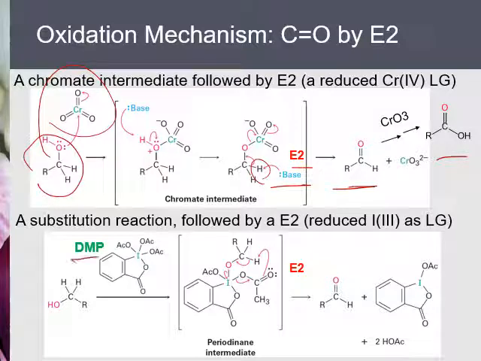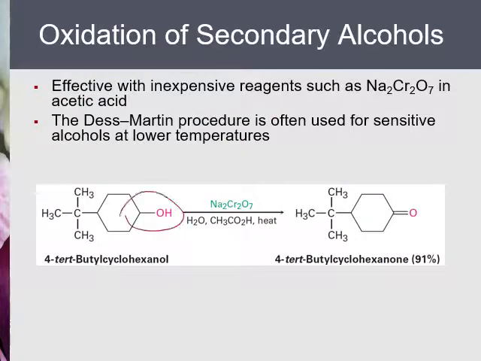For Dess-Martin periodinane, the alcohol again attacks iodine, and rearrangement gives you aldehyde, and the reaction stops here. When a secondary alcohol is oxidized, the product is a ketone, and a ketone cannot be further oxidized. Therefore, whether you use a stronger oxidizing reagent such as sodium chromate or a mild oxidizing reagent Dess-Martin periodinane, it doesn't make a difference. They all become a ketone.